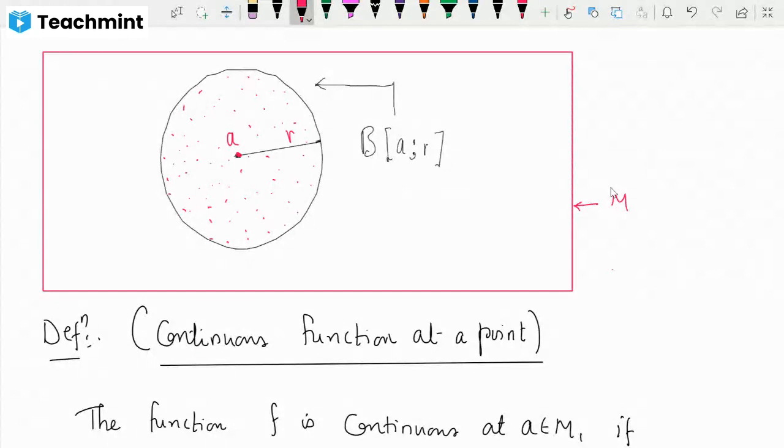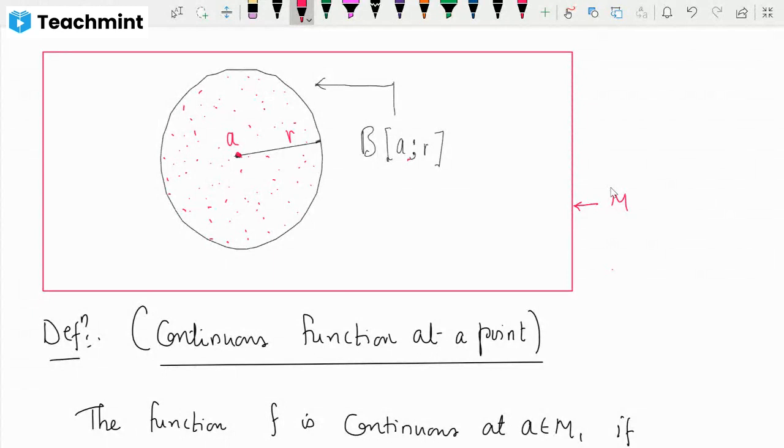You can see this circle: it is the open ball about a with radius r. It means all points of M whose distance from a is less than r. The collection of all these points is nothing but this open ball.